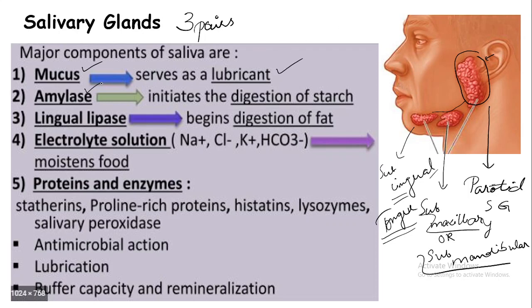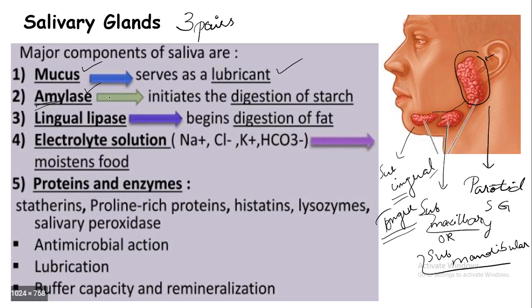Next, amylase, salivary amylase. Remember, amylase, amylo, this term is used in reference to the carbohydrates only. Okay. So, amylase, amylo, wherever you find the suffix amyl used, it refers to carbohydrates.